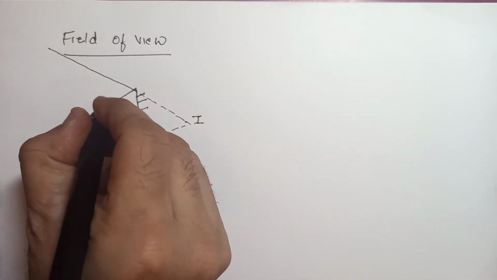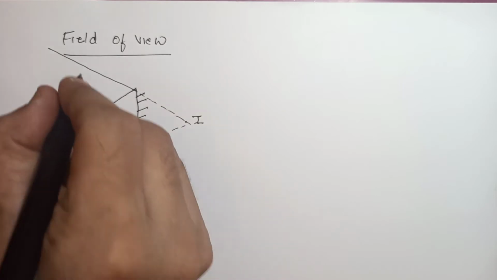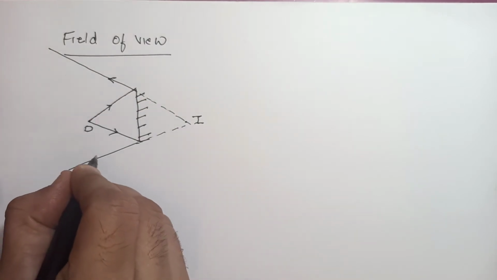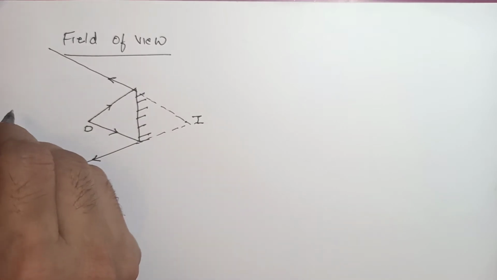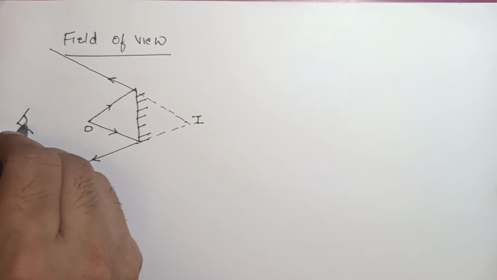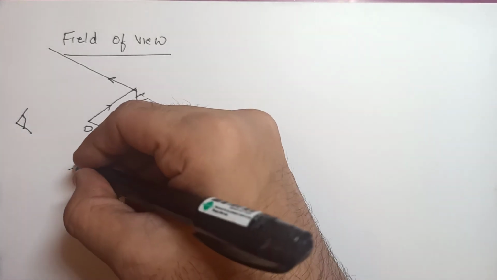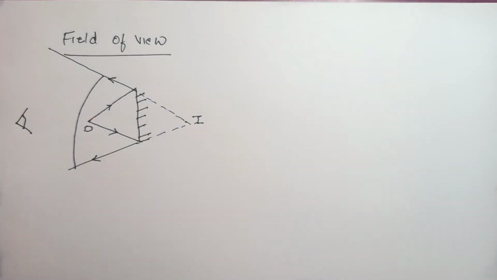So I can say this, and then the ray diagram is like this. So the field of view, basically you are looking at it from here. This is called field of view.